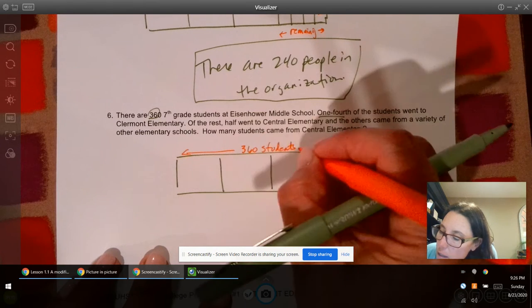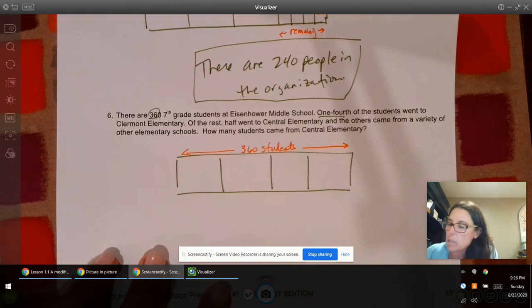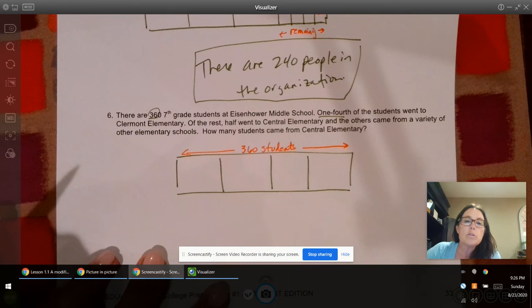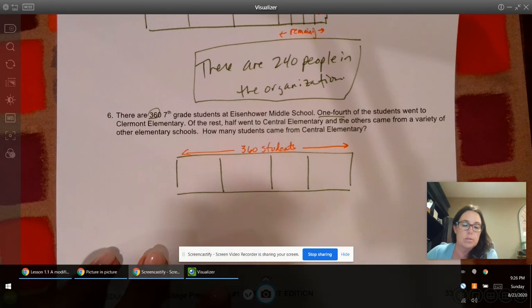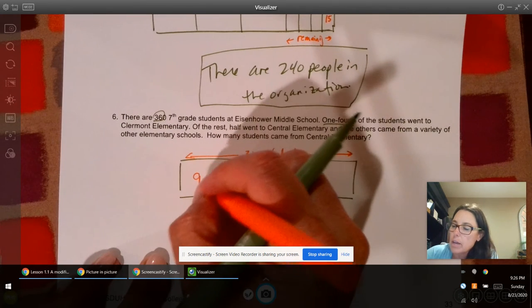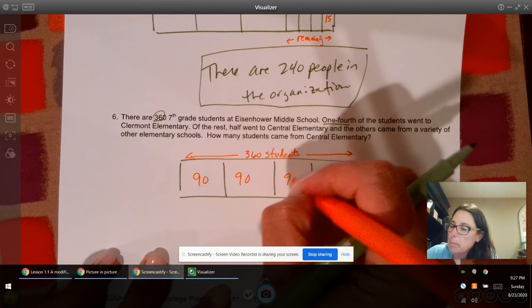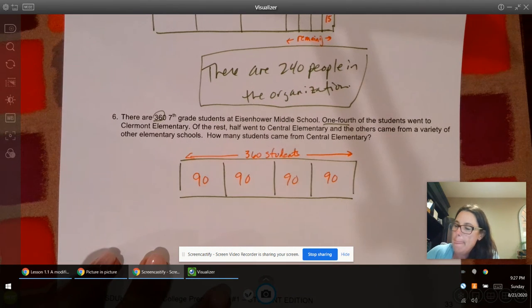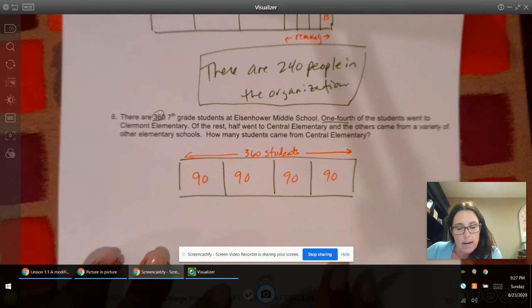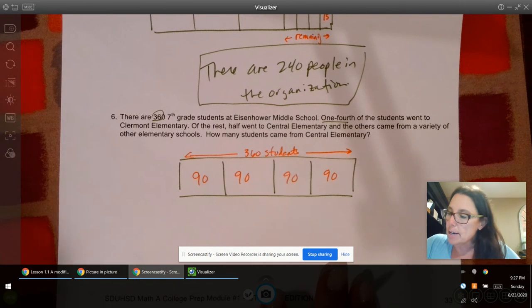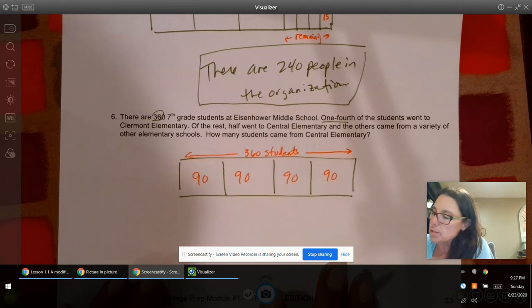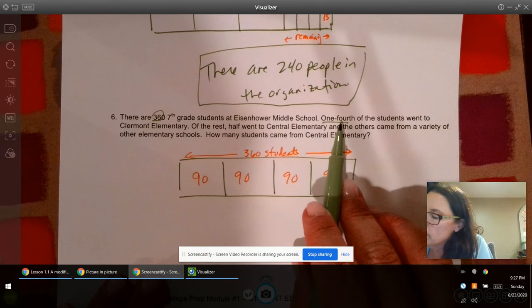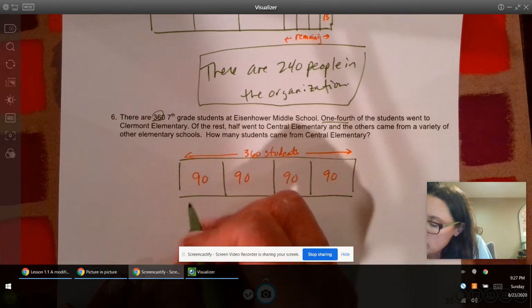That's all of that. Well, if 4 boxes total to 360 students, you guys good with 90 is the magic number. All right, let's see what this says now. Let's label some other stuff up. 1/4 went to Claremont.